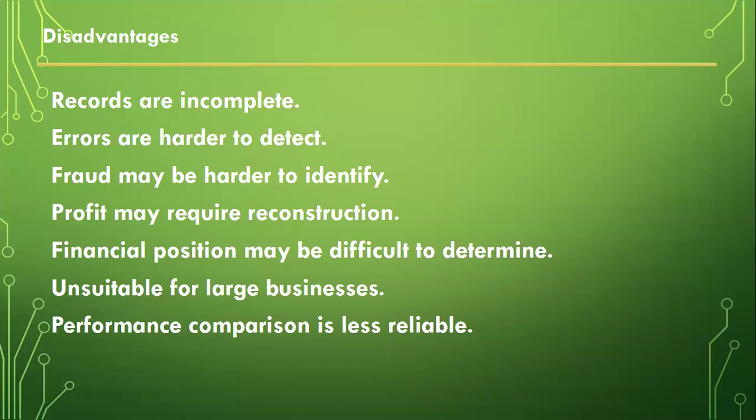And so far as you can identify error, it will be difficult for you to even detect fraud, even though in a way we ensure that profit is attained, but that doesn't mean your record is complete.